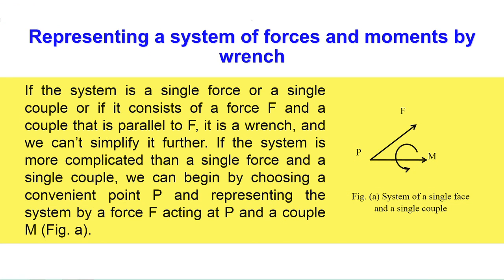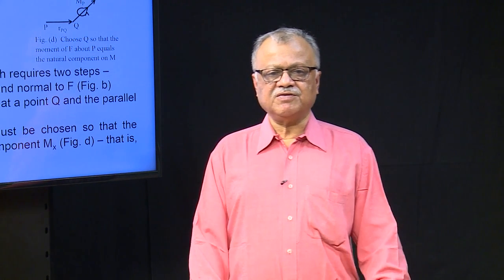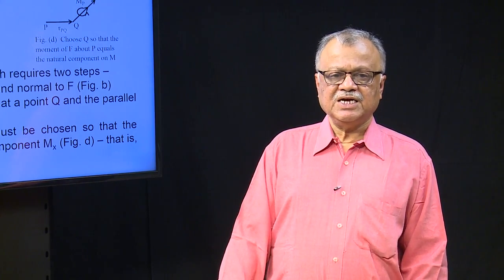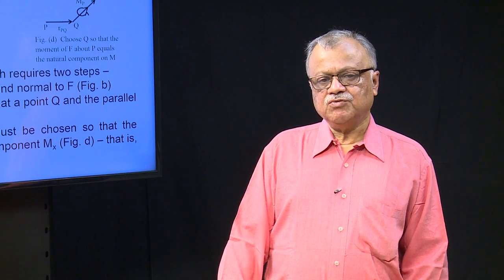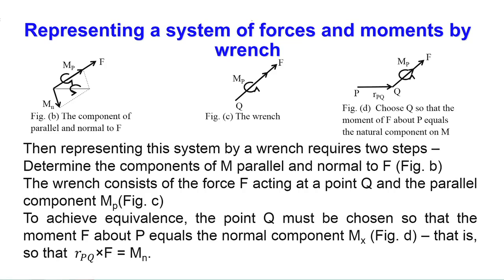This we can do. Now, in the case of a wrench, suppose a force and a moment are given. To represent this system by a wrench, the following steps are followed. First, determine the components of the moment along the force and normal to the force.